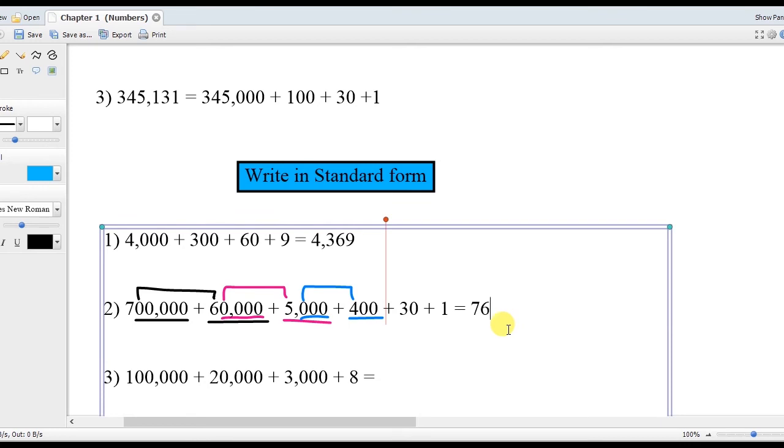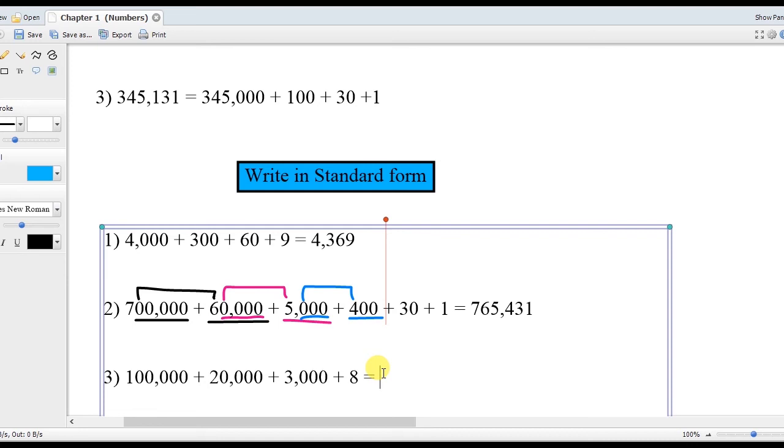After that, this is 60,000, and then we have 5,000, then we have 4, 3, and 1. So it's 765,431, right? Next.